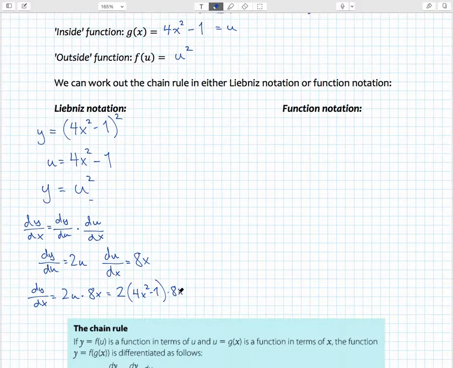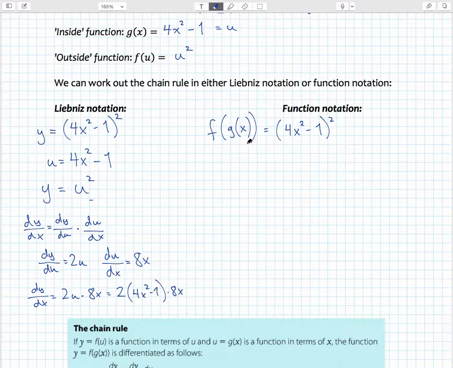But in function notation, it works a little bit differently. We said that f of x is equal to, again, 4x squared minus 1 squared. Oh, no, sorry, not f of x. We want to consider this as a composite function. So we want to think of it as a composed function of two functions, f and g.